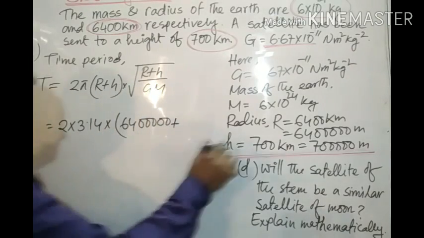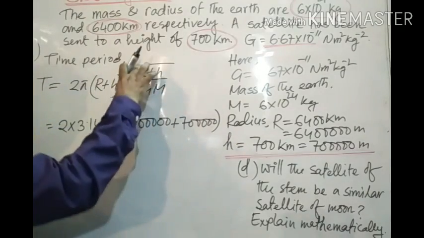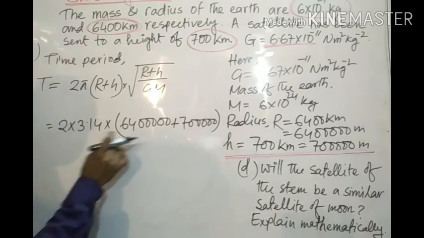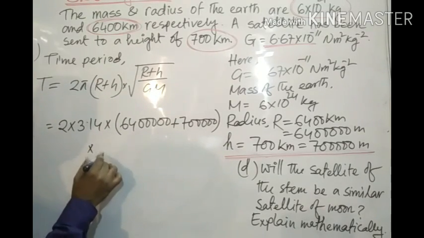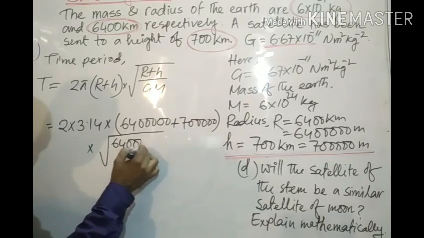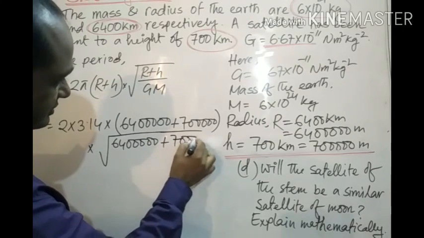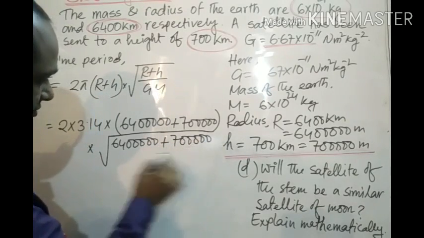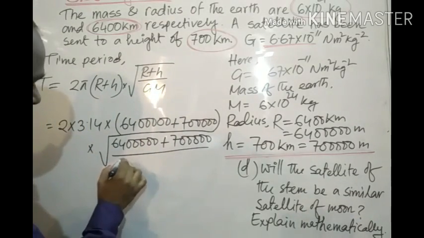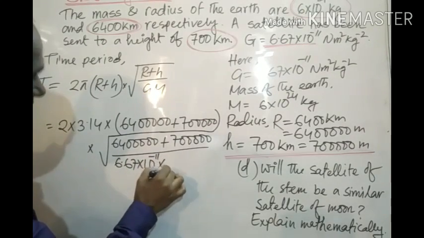6,400,000 plus H. H means 700,000. We have to write the value of this portion in the middle of this line. So here, R plus H divided by G. G means 6.67 × 10^-11.